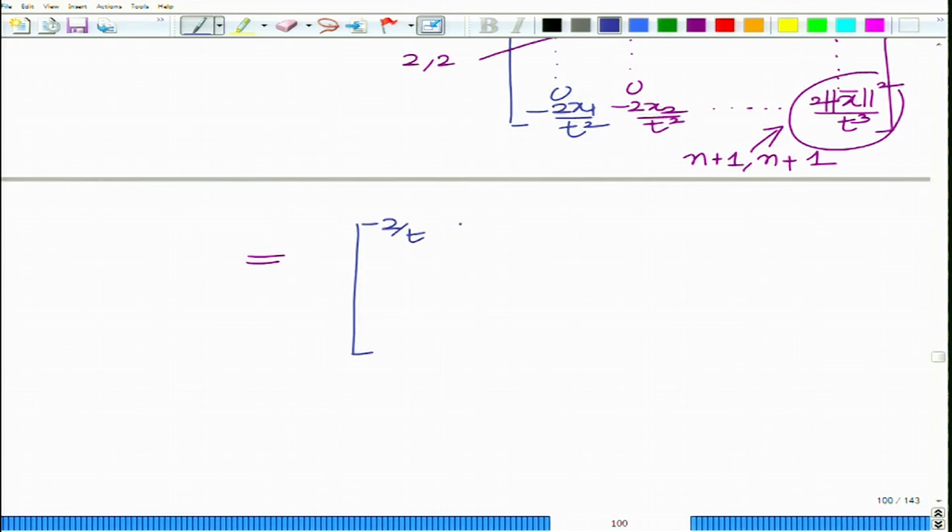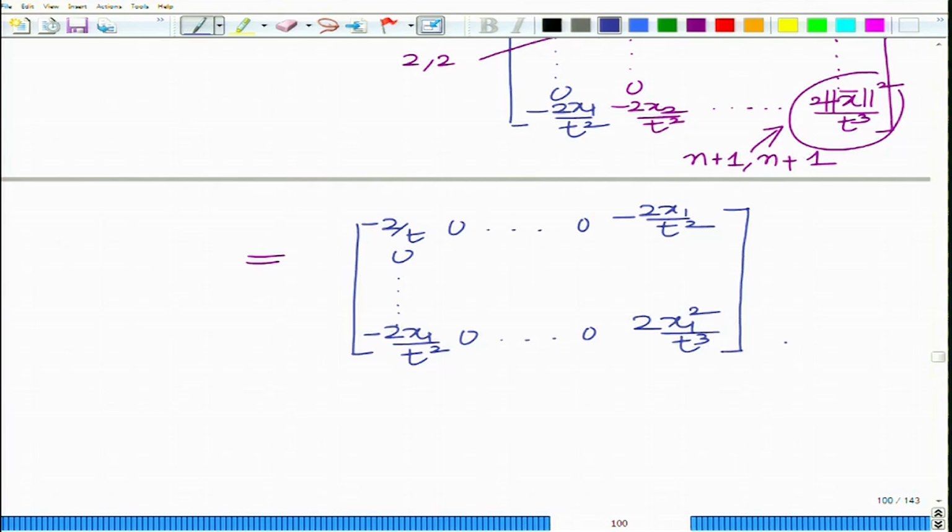This will be 2 over t, the last element will be minus 2 x1 over t square, 0 0 minus 2 x1 over t square, and the last element out of the norm x bar square you simply take x1 square. So, this will be 2 x1 square divided by t cube.